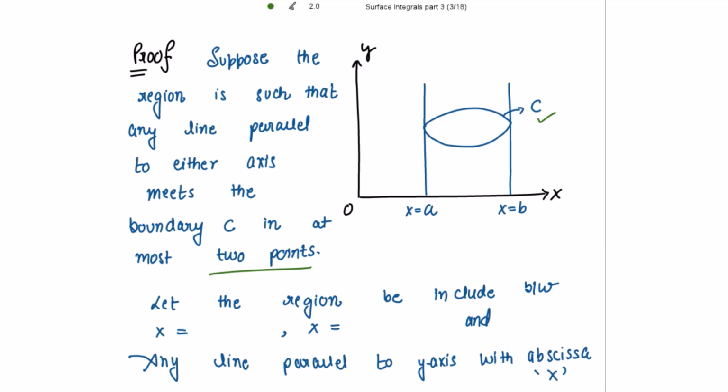Let the region be included between x equal to a and x equal to b, and any line parallel to the y-axis with abscissa x, very important. x can be anything between a and b, depending upon where the line is.